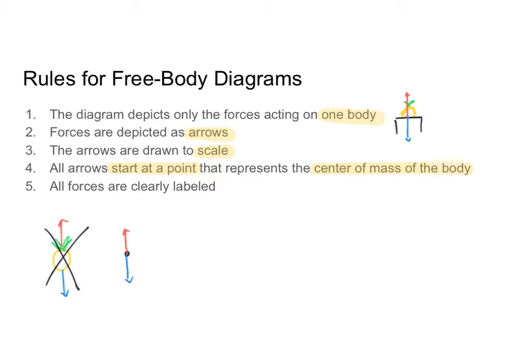And those two arrows are both going to come out of that center of mass of the body, and they're going to both start in the same place. So that's rule number 4.